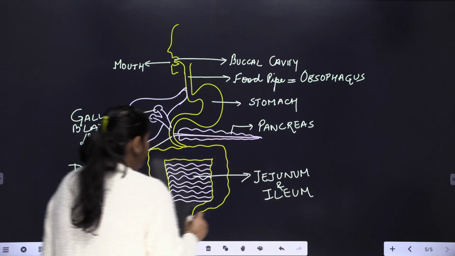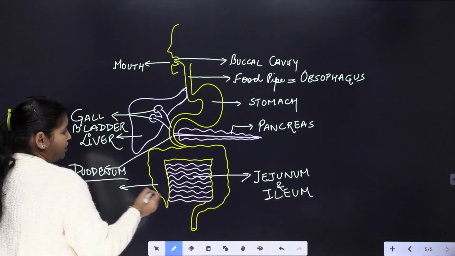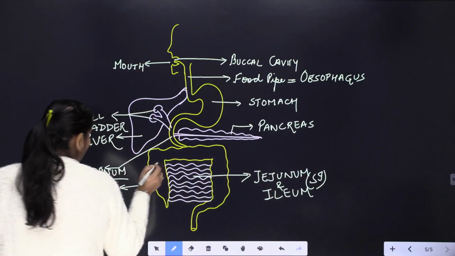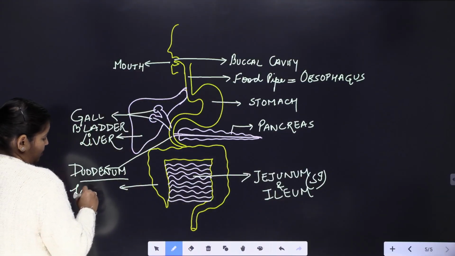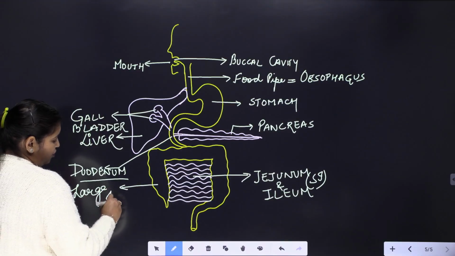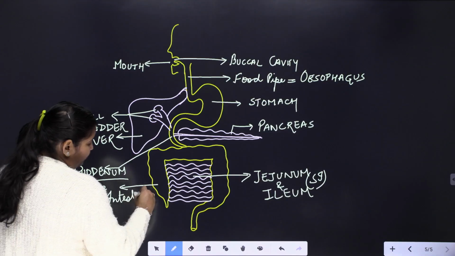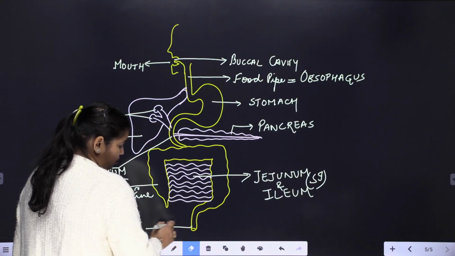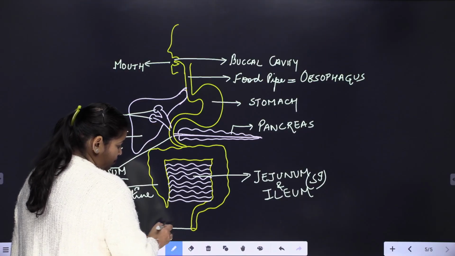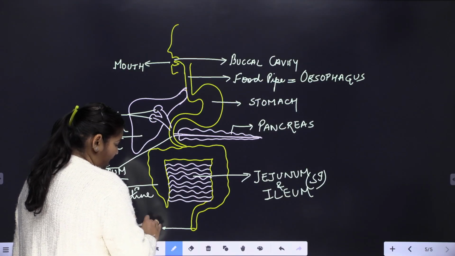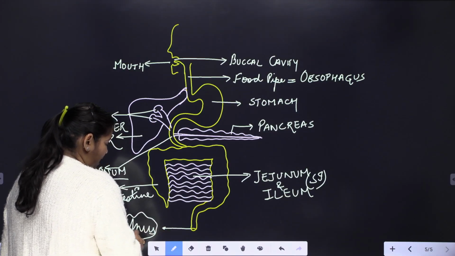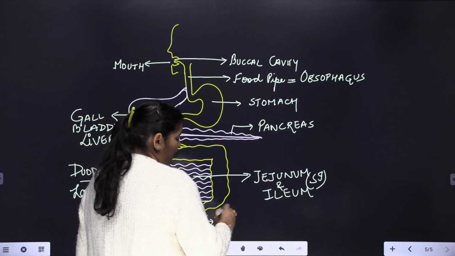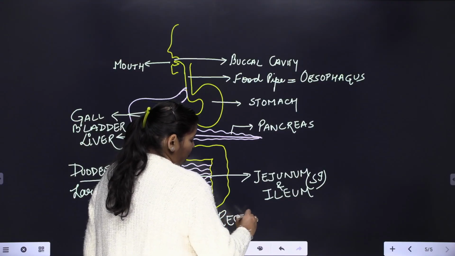All right. The yellow one, this one that we've drawn, that means these are part of small intestine. This one is the large intestine, which opens out through an opening which is called as anus. So mouth to anus is the alimentary canal. The last part of the large intestine is called rectum.